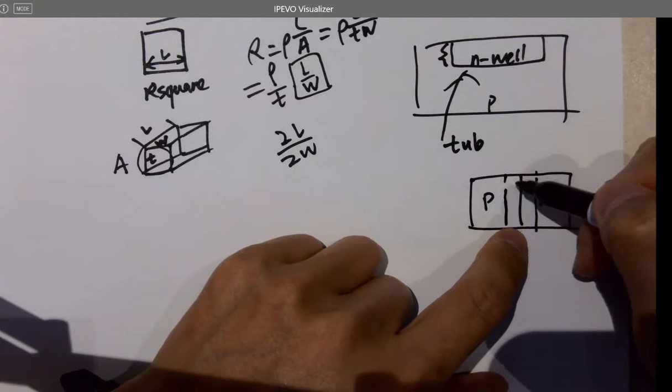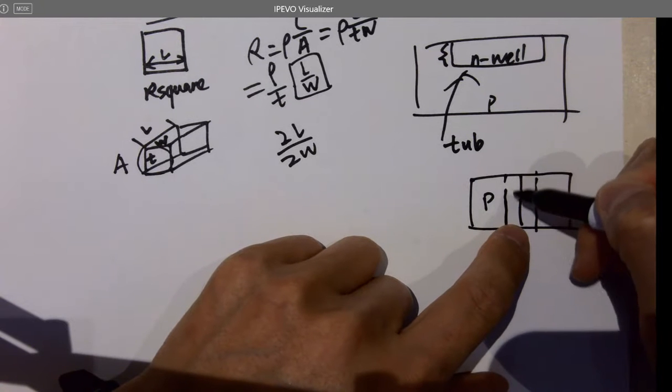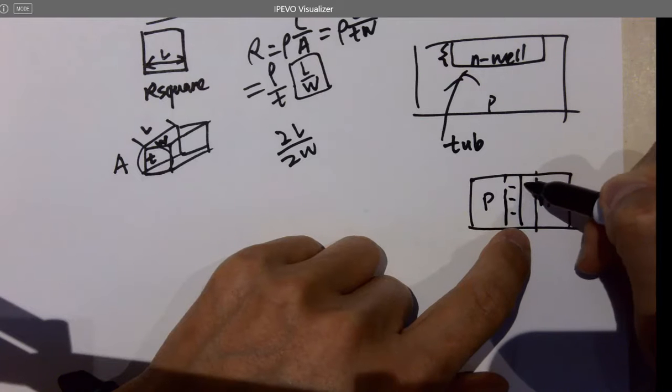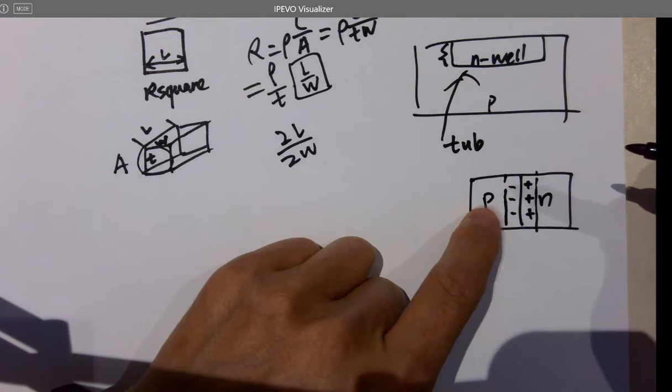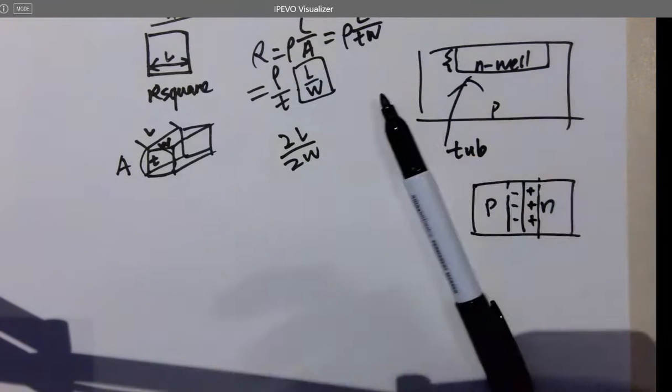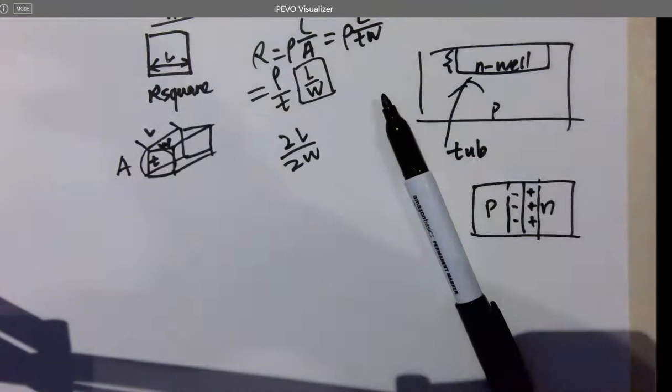And now, what's the charge here? What's the polarity here? Negative. And here will be positive. What about here? Neutral. Why? You have a neutral silicon, you have a neutral phosphorus. Boom, still neutral, right?